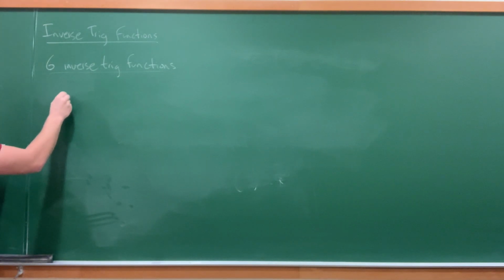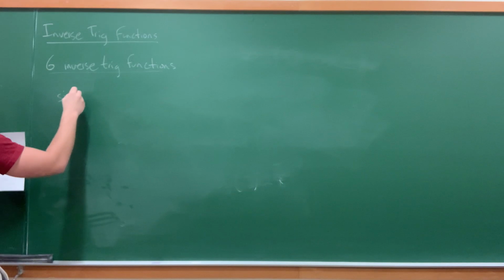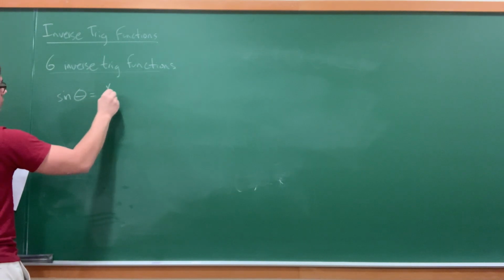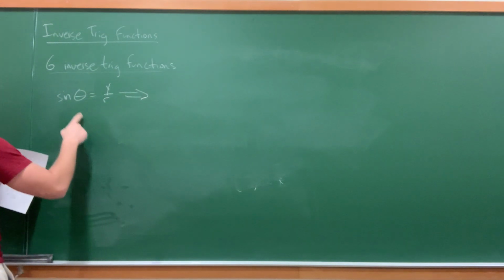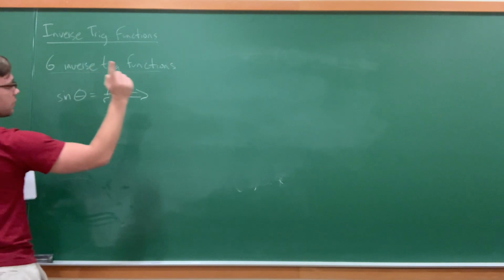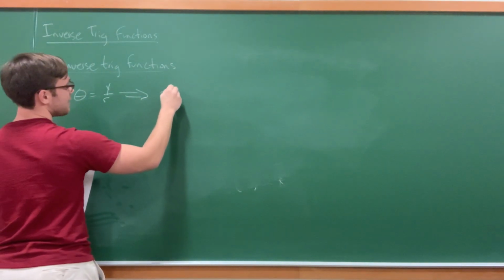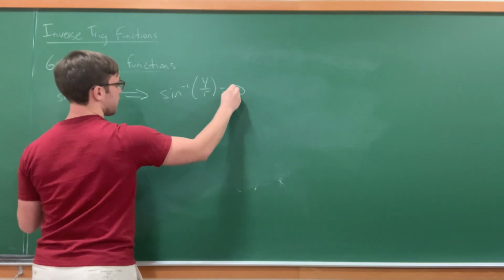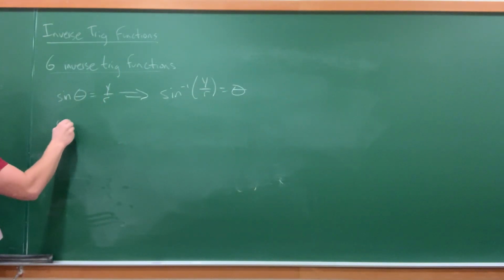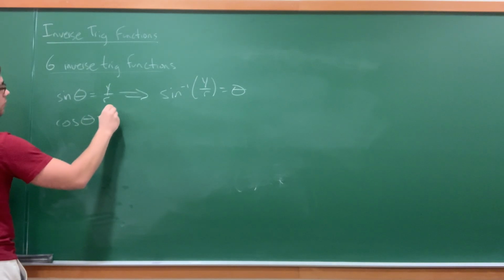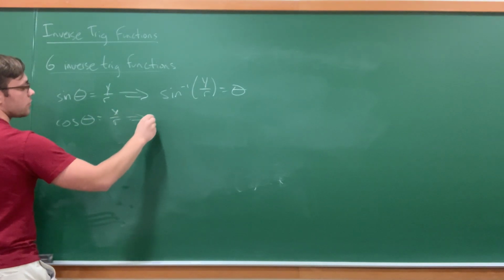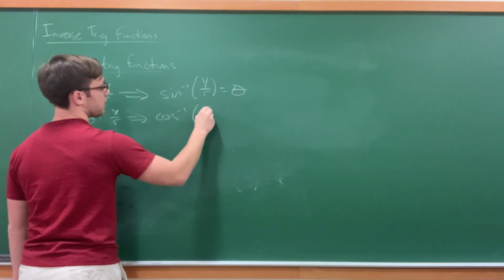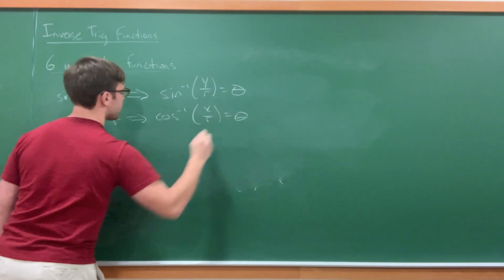You have sine of theta equals y over r, and that becomes your original trig function. Your inverse trig function is sine inverse of y over r equals theta. Cosine of theta equals x over r, so cosine inverse of x over r equals theta.